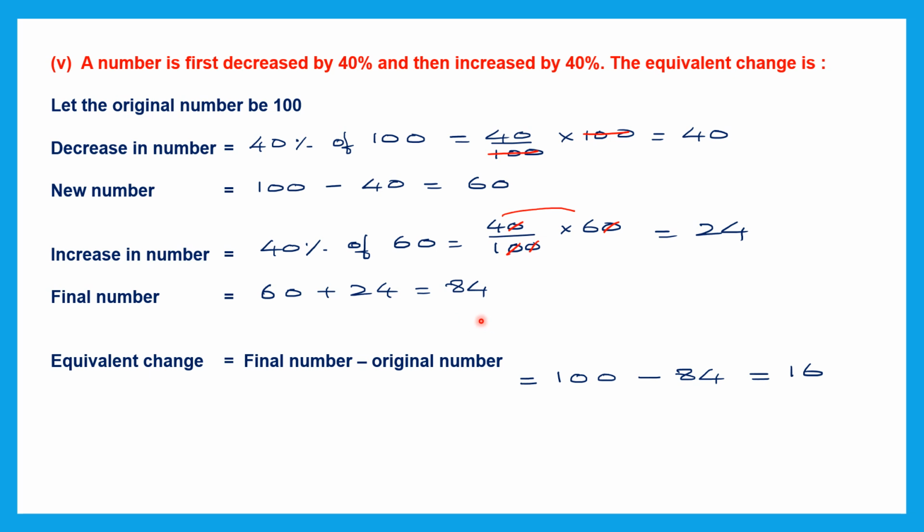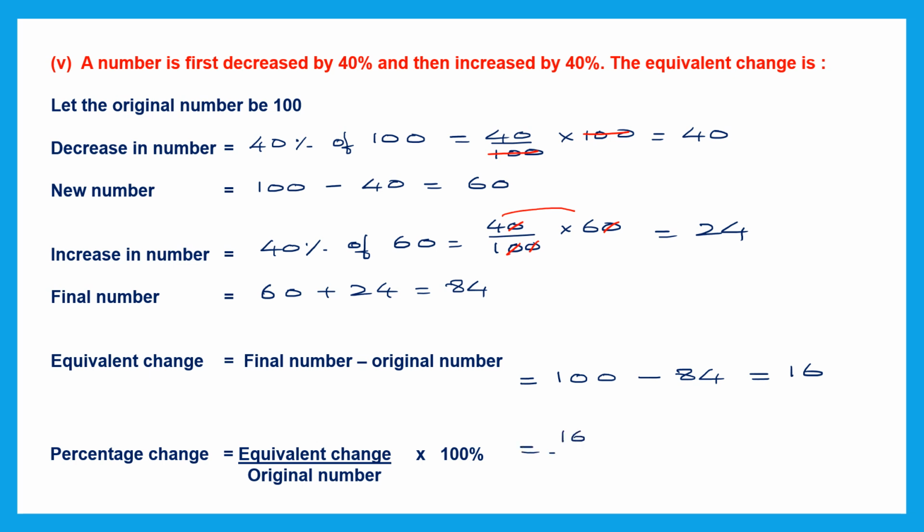Now here, since we are given percentages in the options, let's find the percentage of change. So percentage change will be equivalent change, that is 16, by the original number. So let's do that. 16 divided by the original number, which is 100. And to find the percentage, we multiply by 100%. Now let's cancel the hundreds.